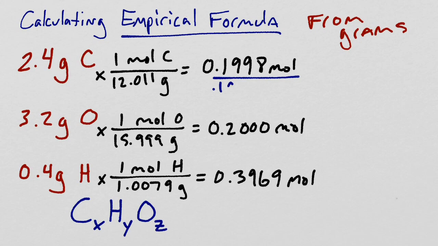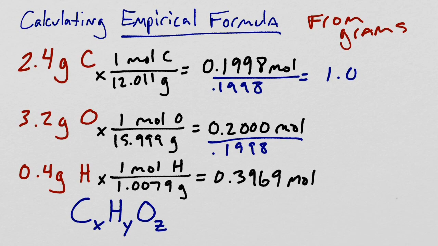We divide this by 0.1998 and that's going to be equal to 1. One of them, no matter what problem you do, will always be equal to 1.